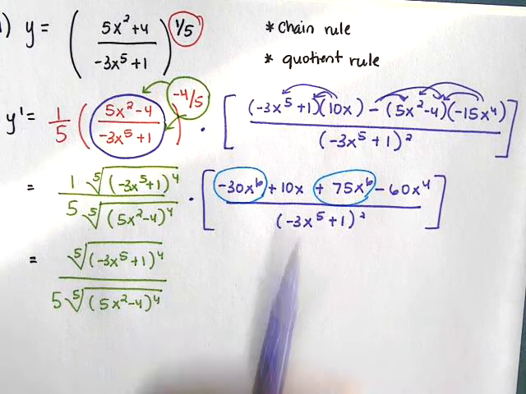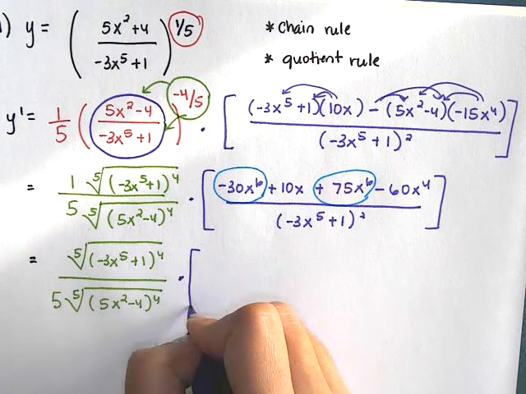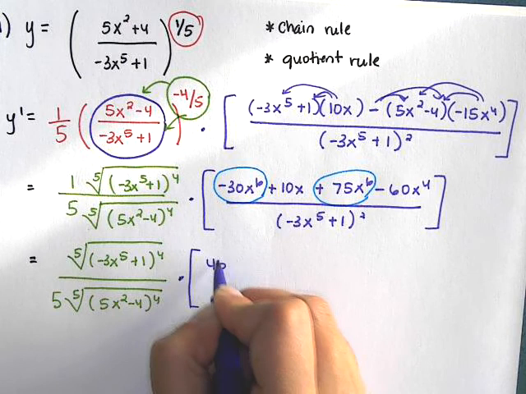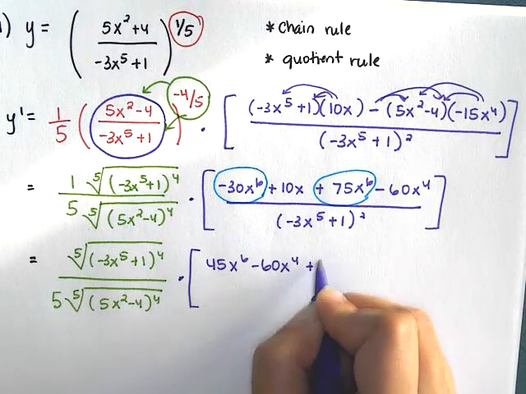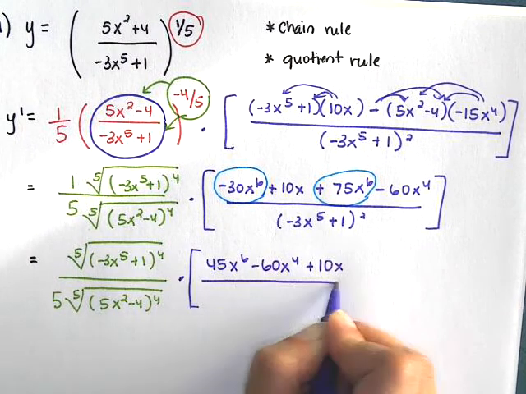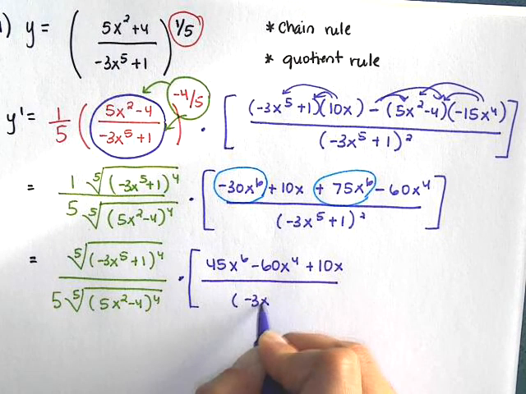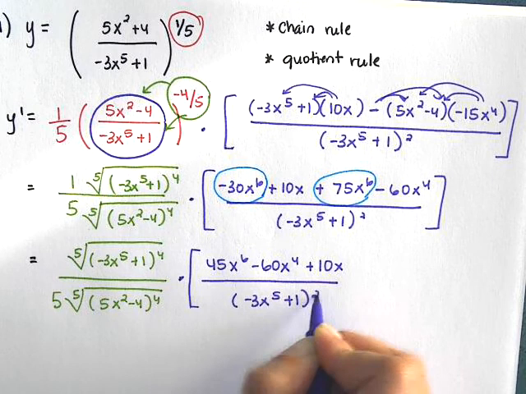And then this is going to become 45x to the 6th minus 60x to the 4th plus 10x all over negative 3x to the 5th plus 1 squared.